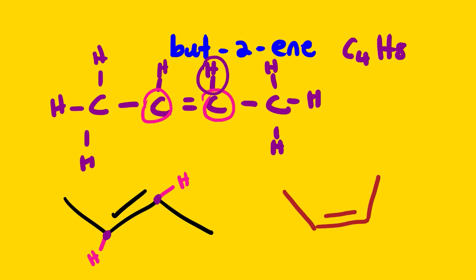The moment we draw it like this, it simply means that our hydrogens are here. By now you should have gone through the lesson series on cis and trans isomers and E and Z nomenclature.